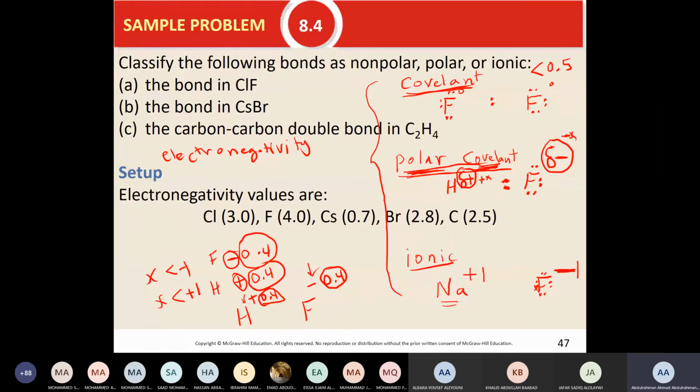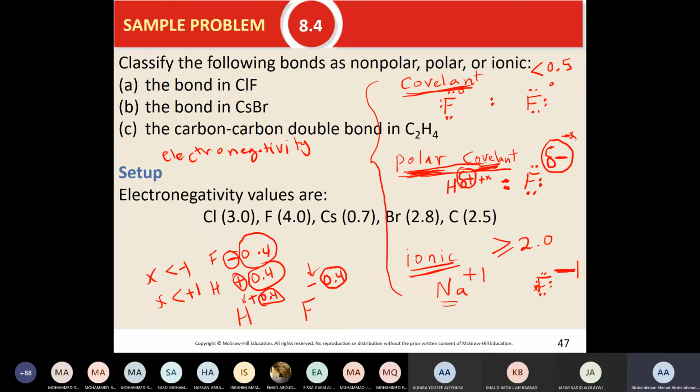If it is greater than or equal to 2, then we're going to consider this bond is ionic. And if the difference is between 0.5 and 2.0, then it will be polar covalent.